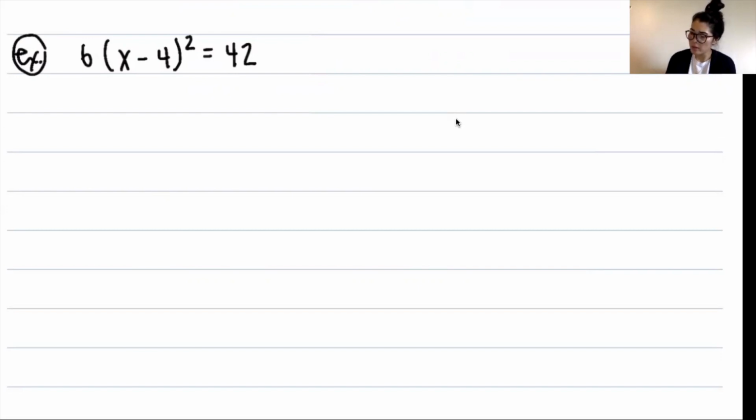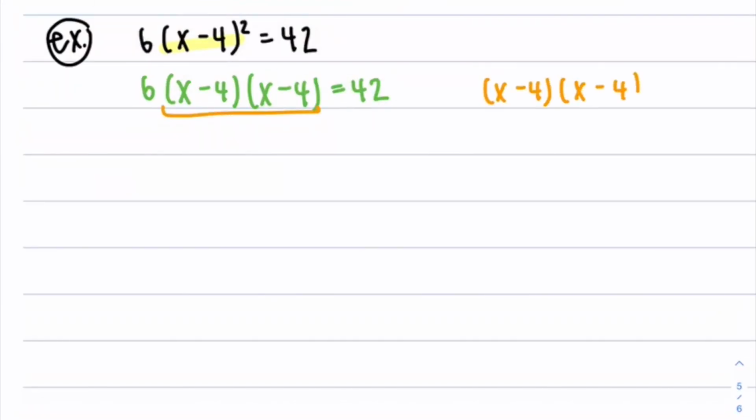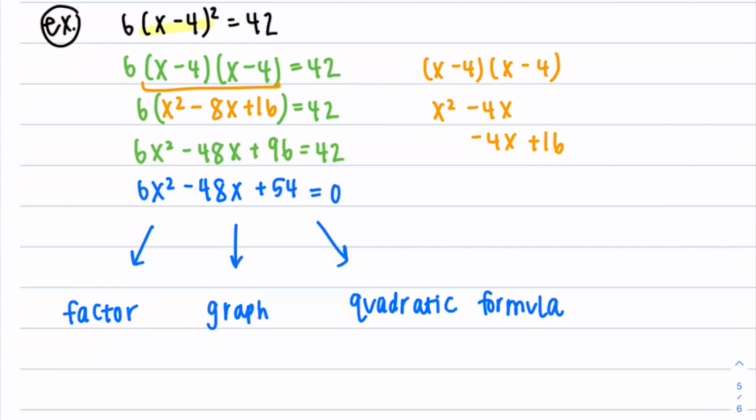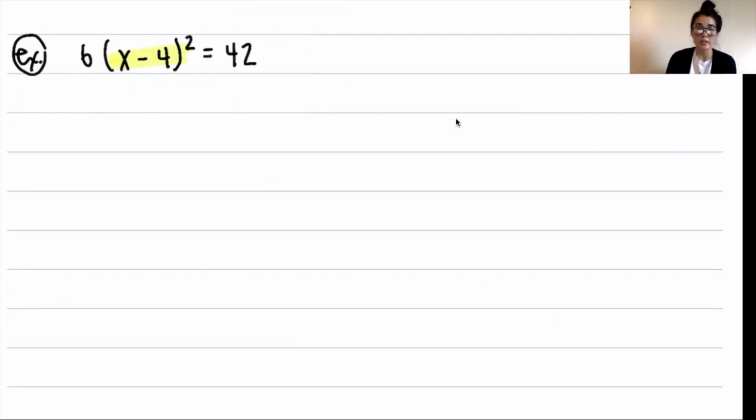You could take this problem and expand it and solve. So you might do x minus 4 times x minus 4, multiply that, multiply by 6 is equal to 42, and you will get an answer. However, that is extra steps that you don't have to take.